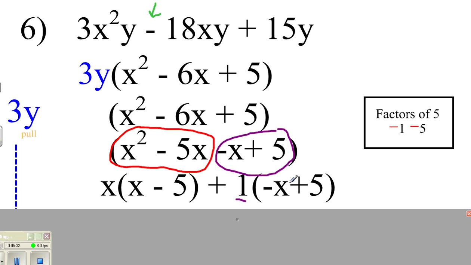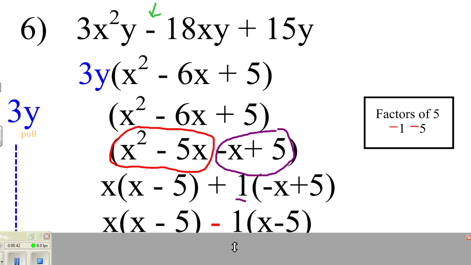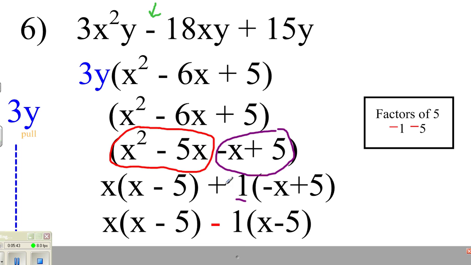These signs are backwards from these signs. Positive, negative, negative, positive. The way we can compensate for that is to, instead of adding 1, make it negative 1. Distributing the negative, then we would get the same equivalent. Plus this is the same as minus that.